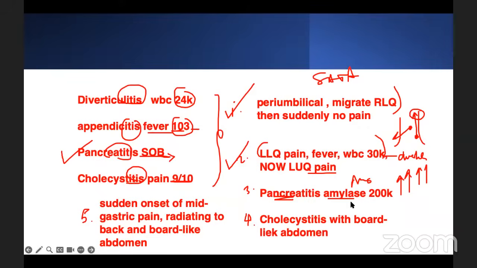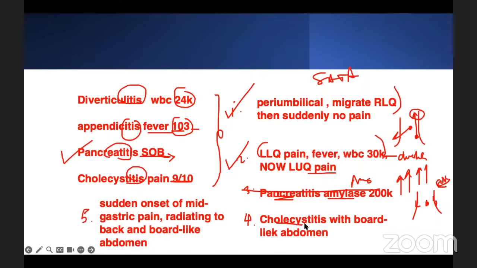Where does the pain go? To your back. All of them are expected findings. But when do I not expect? When I see periumbilical ecchymosis, frank ecchymosis, and you have airway problem, like shortness of breath. Thus, cancel it.